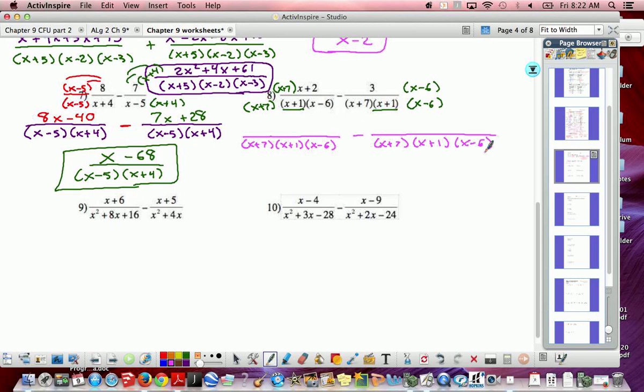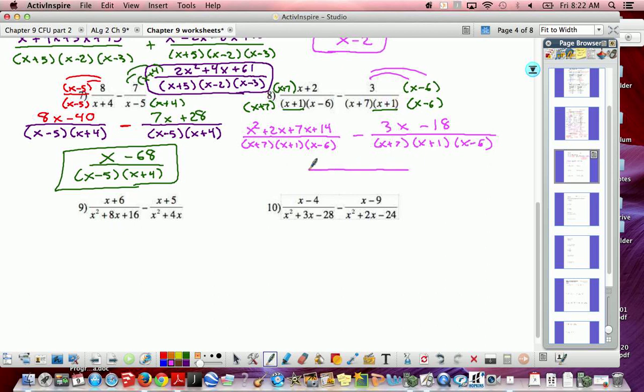So on the top I FOIL. X squared plus 2x plus 7x plus 14 minus, distribute on this one, 3x minus 18. So now I'm going to start combining like terms.